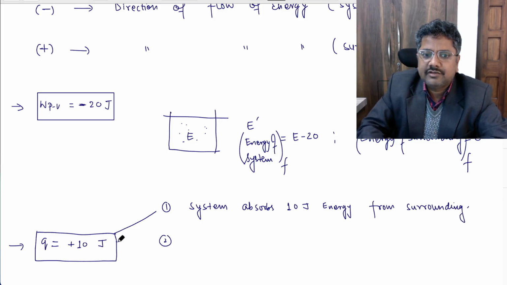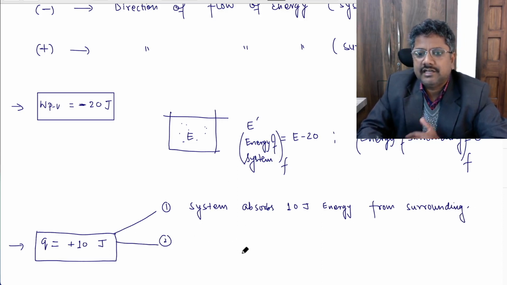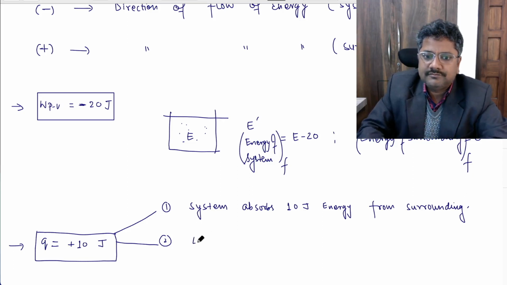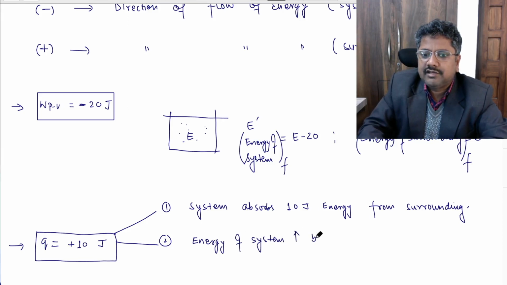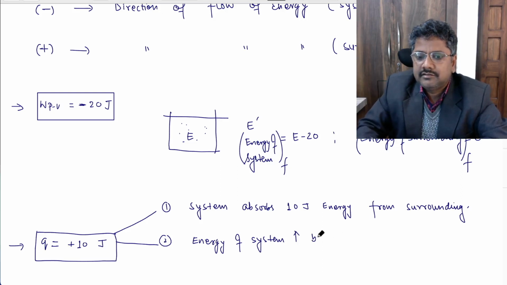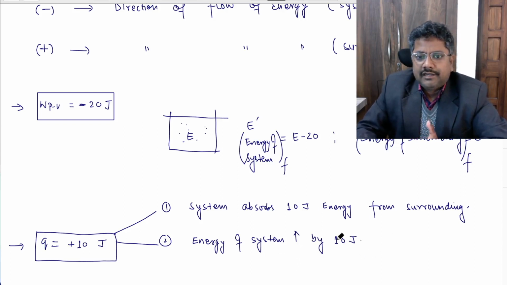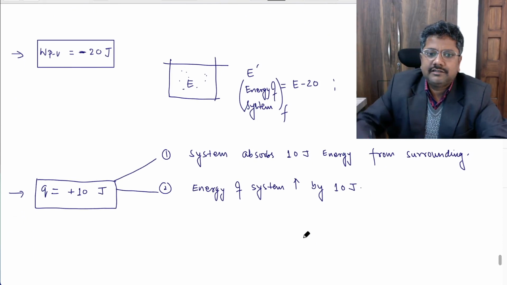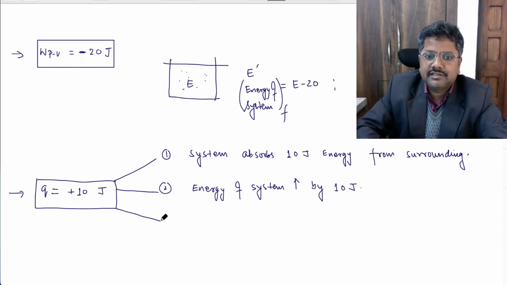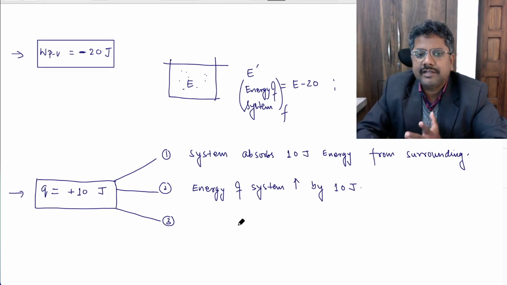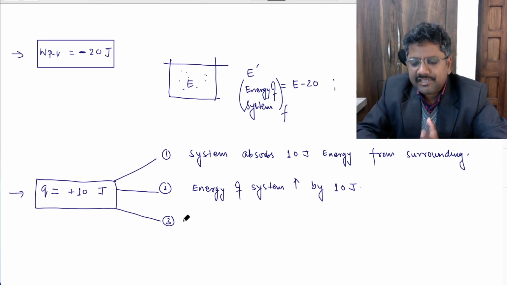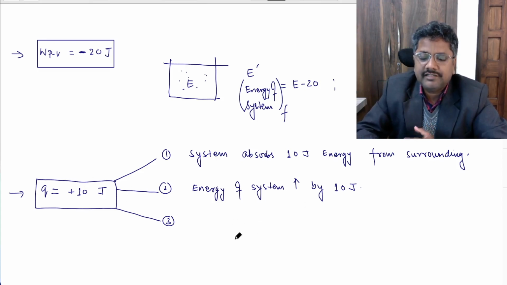Second interpretation you can write is that the energy of the system increases by 10 joule, right? And you can say this transfer of energy, heat energy, is due to the temperature difference. Means there is a temperature difference between system and surrounding, right?